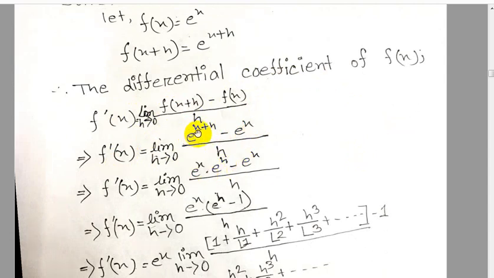As long as the x plus h has the same base, which is e, we can write e to the power x into e to the power h. So minus e to the power x, we can take e to the power x common from this function, and we have got e to the power x into (e to the power h minus 1).